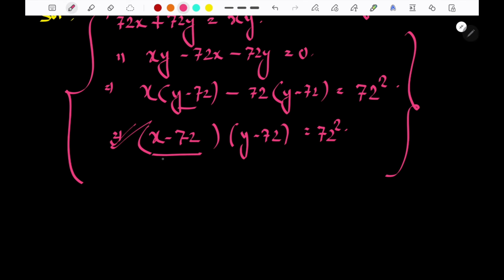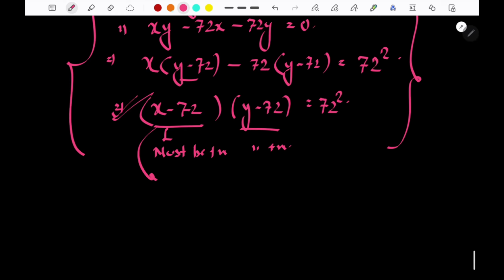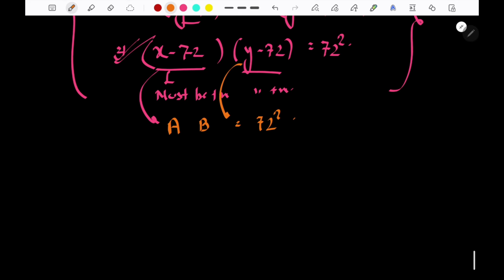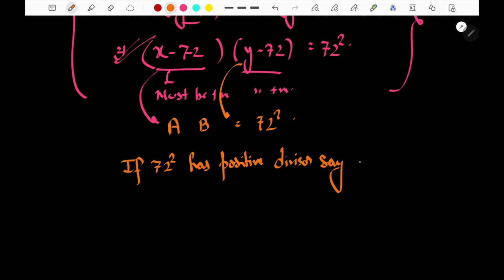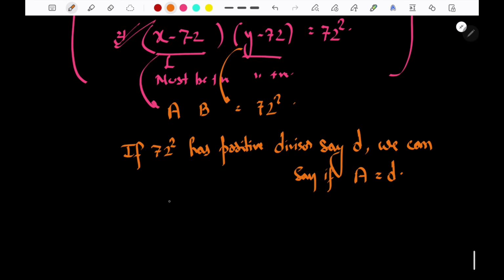So x minus 72 into y minus 72 is equal to 72 square. Now everything is positive here. So it must be positive, must be positive. Now let's say this is a and this is b, so a into b is equal to 72 square, that is given. So think of it this way: if 72 square has a positive divisor, say d, then if a is equal to d, b will be equal to 72 square divided by d.